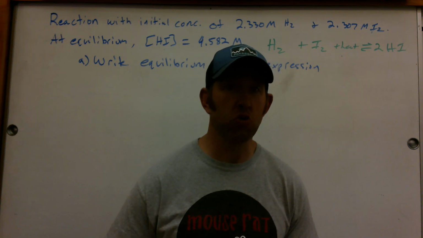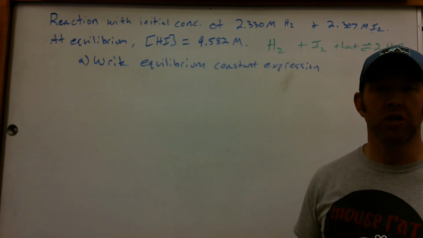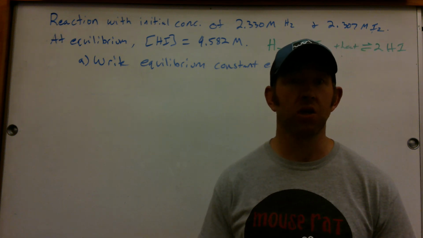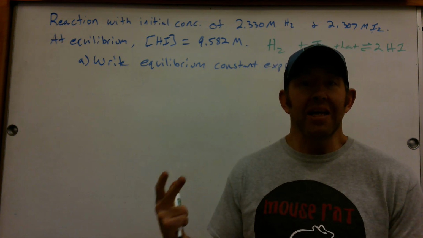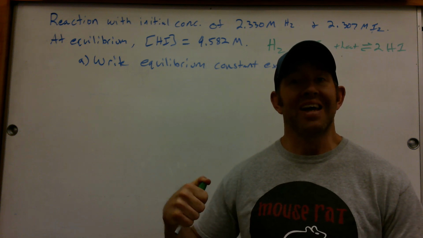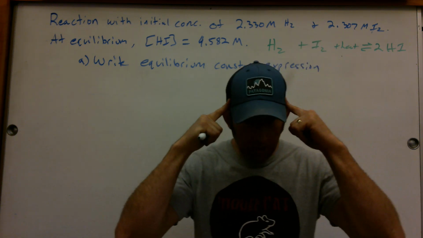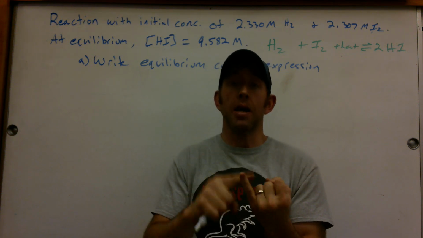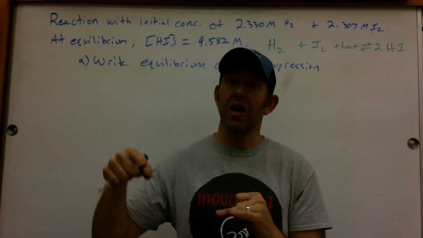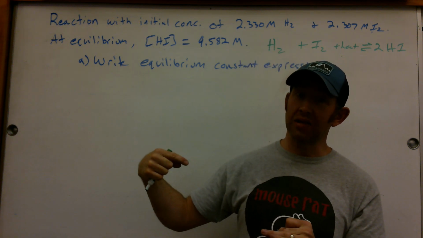So moving forward, it says to write the equilibrium expression for this reaction. When we're at equilibrium, we should be able to generate a constant. Again, the equilibrium constant only works if we keep things like temperature and pressure constant, right? That takes us up to Le Chatelier's principle.